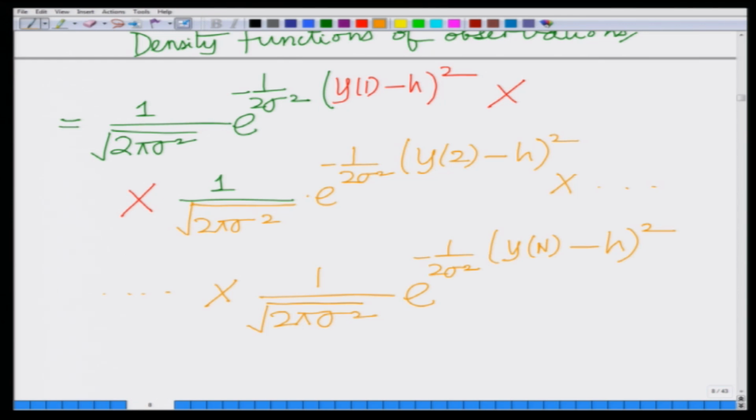This is the product of the individual probability density functions corresponding to the observations y1, y2 up to yn.